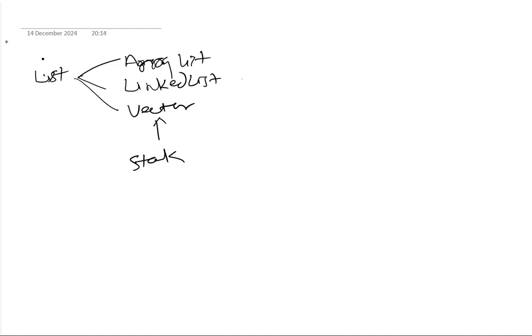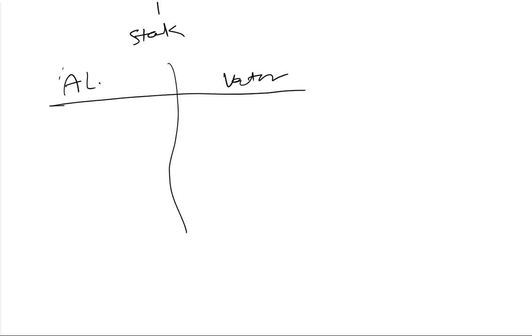Now let's come to the difference between ArrayList and Vector. Let's go one by one. See, ArrayList is not synchronized, and Vector is synchronized.